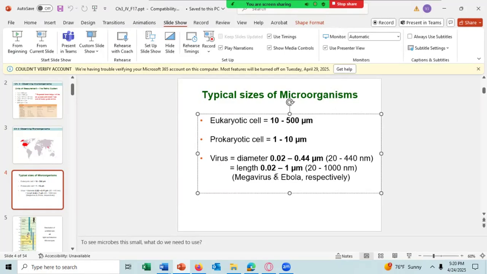The longest virus is Ebola. It reaches about 1 micrometer long, but it's smaller in its diameter. And so the largest virus in its diameter is about 0.44 micrometers, which is megavirus. Any question about any of that?